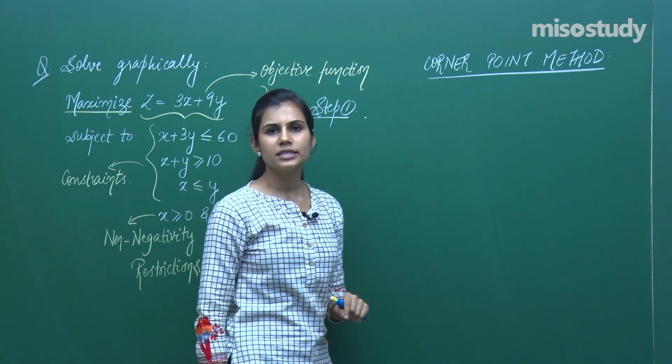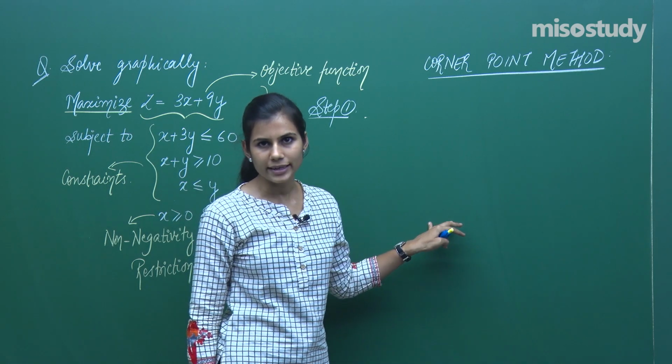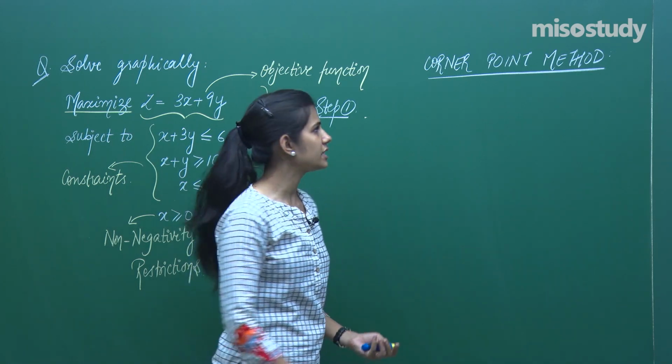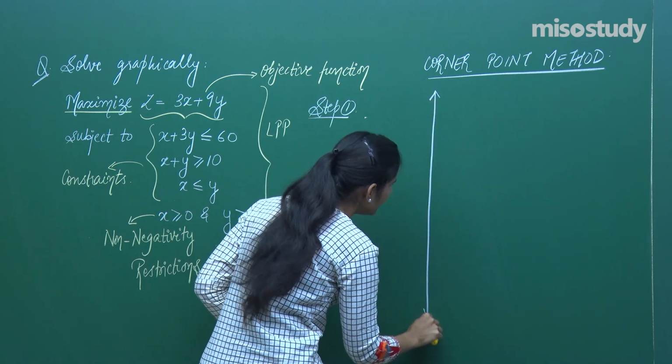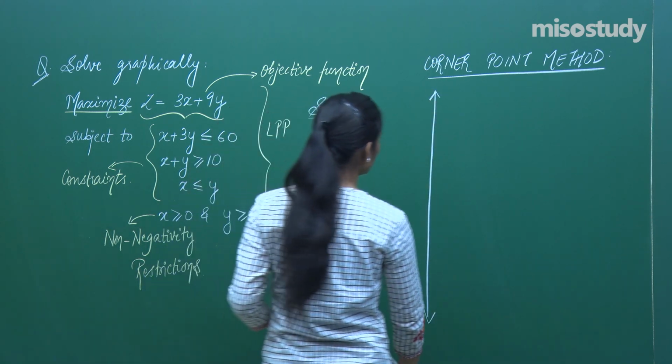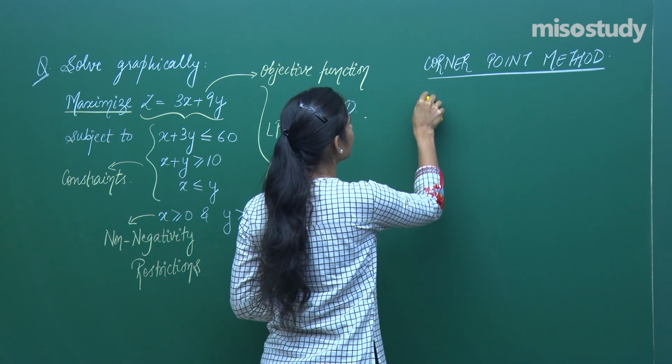That feasible region is definitely going to be a convex region. It can be bounded or unbounded, that we have to identify and then accordingly proceed ahead. So let's begin first of all the computation of the feasible region of the given LPP.